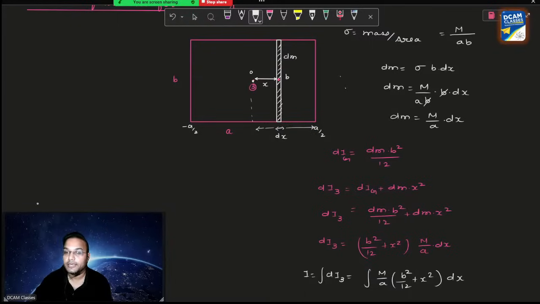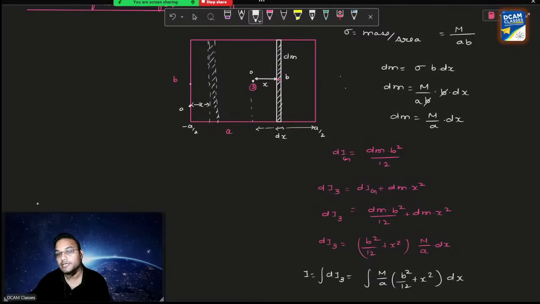If I had taken this rod and its distance from one corner as x, then your limits 0 to a would have been correct. See what I'm saying? If I had taken a rod like this, and taken its distance x from one end, then I can take x as 0 to a, because I have taken my origin at one side.